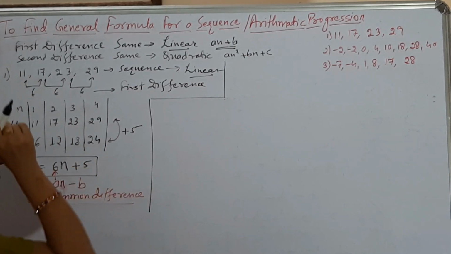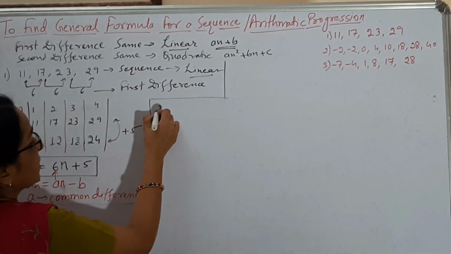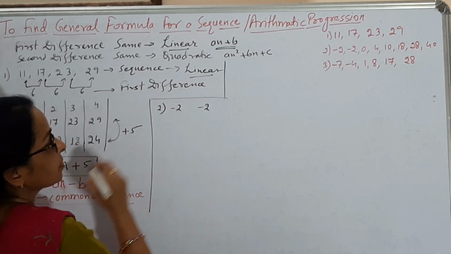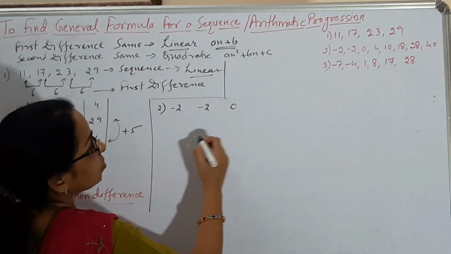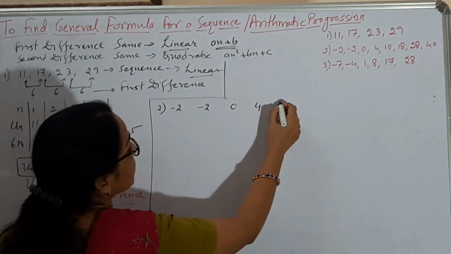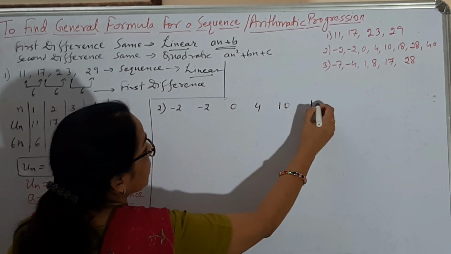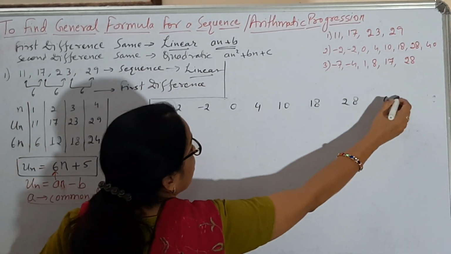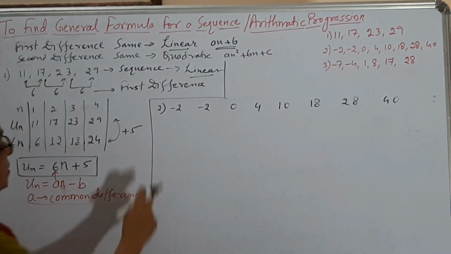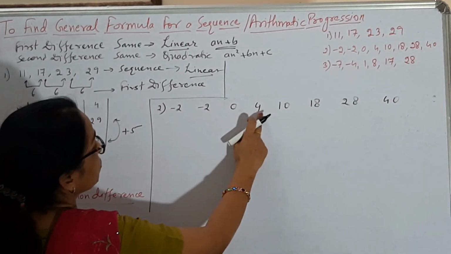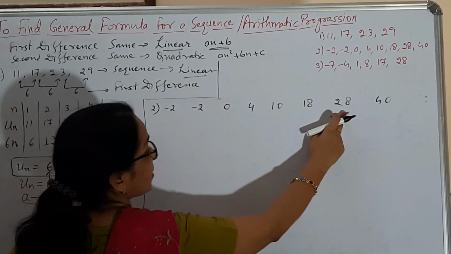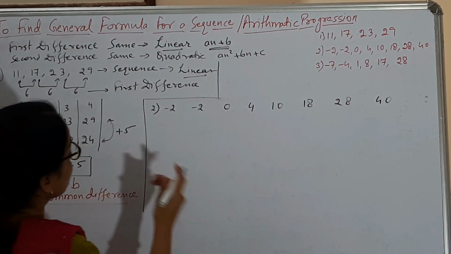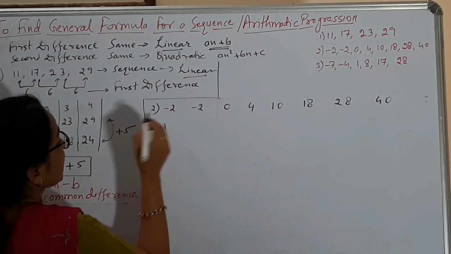The second one I am taking is -2, 0, 4, 10, 18, 28, 40. Oh my god, there are a lot of terms here. See, 1, 2, 3, 4, 5, 6, 7 terms are there. So we have to make that many columns. No worries, let's make n.